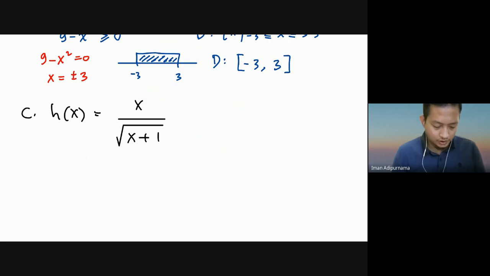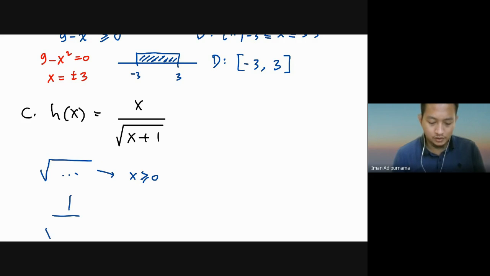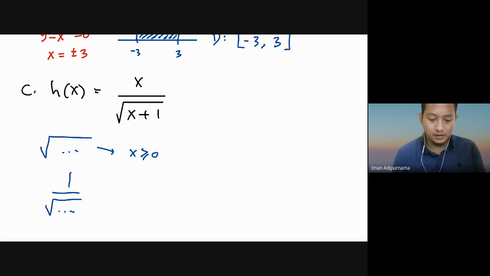So last one here, x plus 1 needs to be greater than 0, right? Because first, let me write here. If you have this, then you need to have this, right? But when you have 1 over square root, you cannot also equate this with 0.